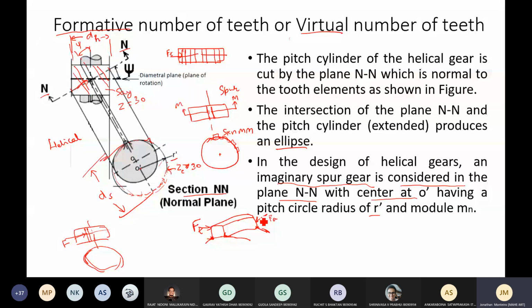Okay, I think one of the students asked this question that time. Even if it is considered, it is going to be quite less when compared to Ft. And when we already consider that a helical gear is an imaginary spur gear, on a spur gear Fa is already 0. So you need not consider anything else.